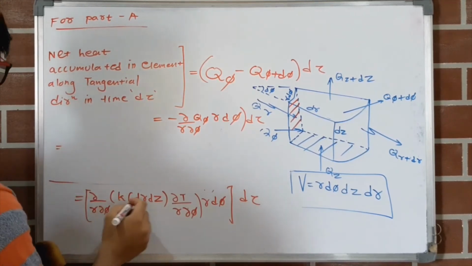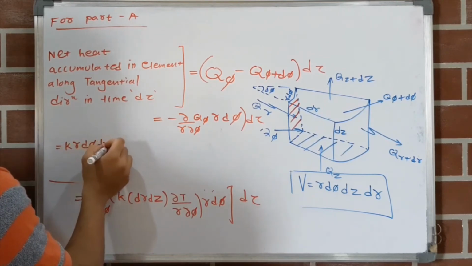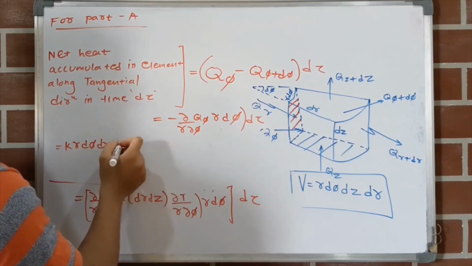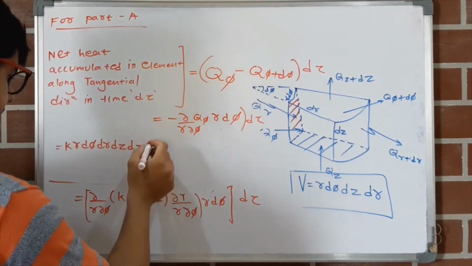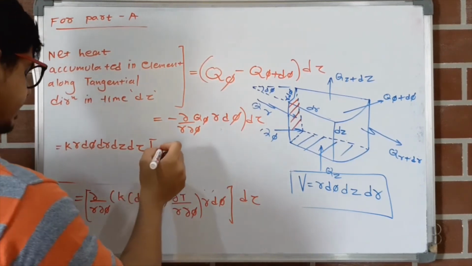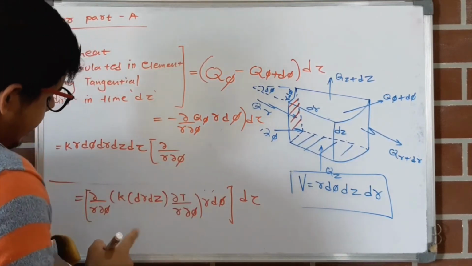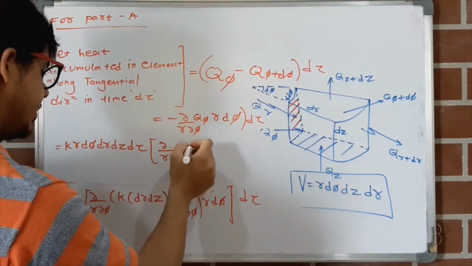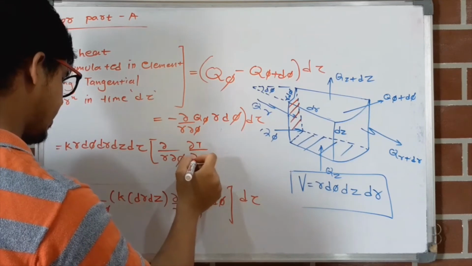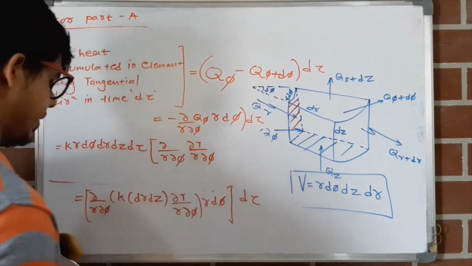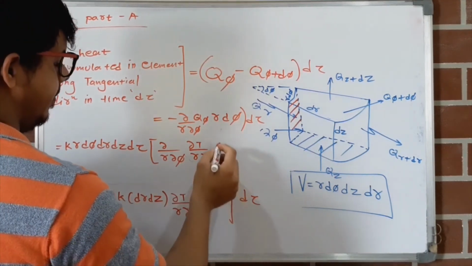So again this k will be out, k R d phi dr dz d tau. Okay, then into bracket we will get del upon R into del phi, then this del t divided by R into del phi. Okay, so this term we are getting here.